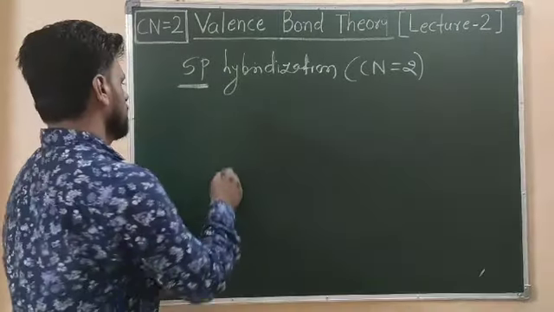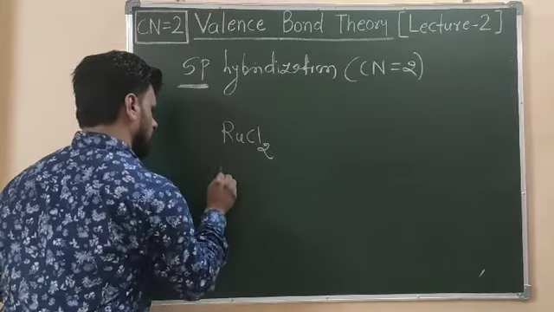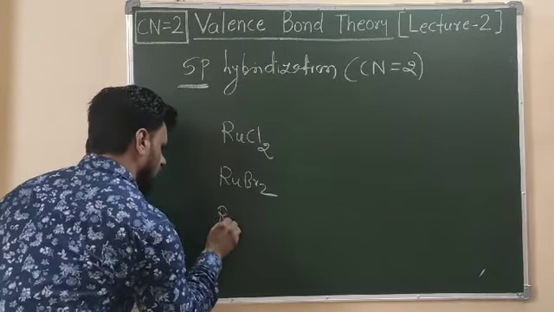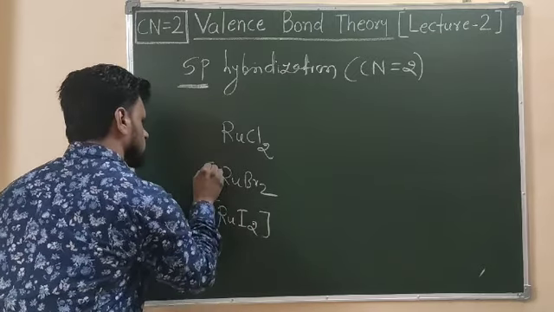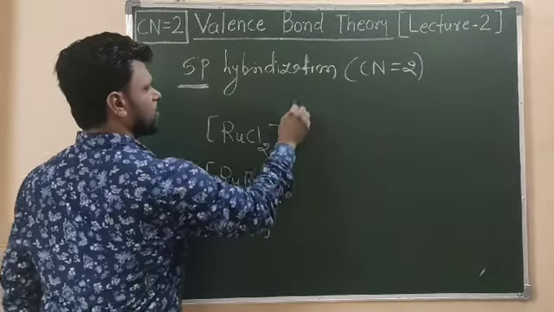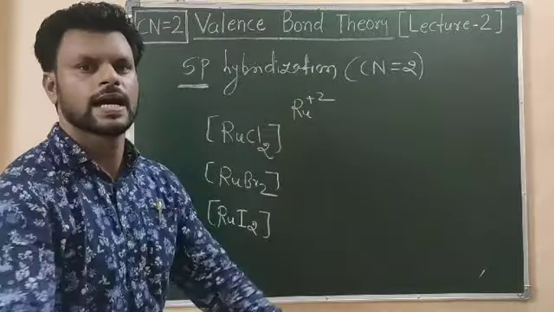Let's take complexes of this type, RuCl2 and RuBr2 and RuI2. These are complexes of ruthenium with Ru in a +2 state, and we have halide as a ligand.